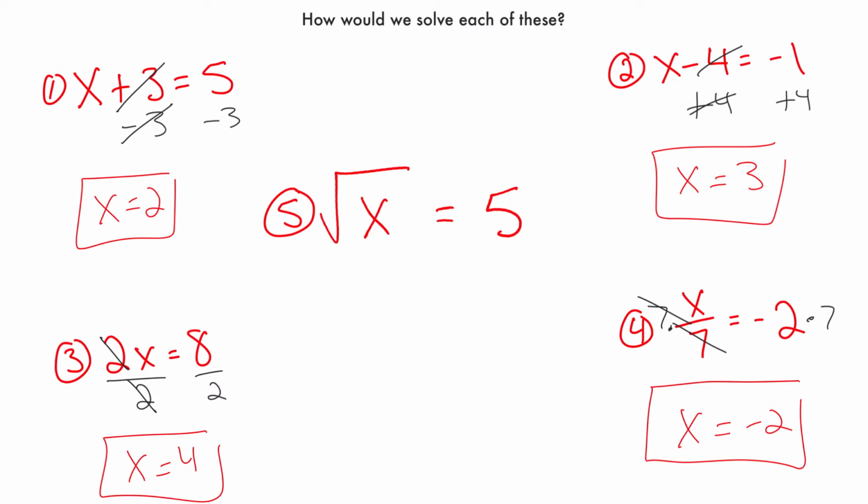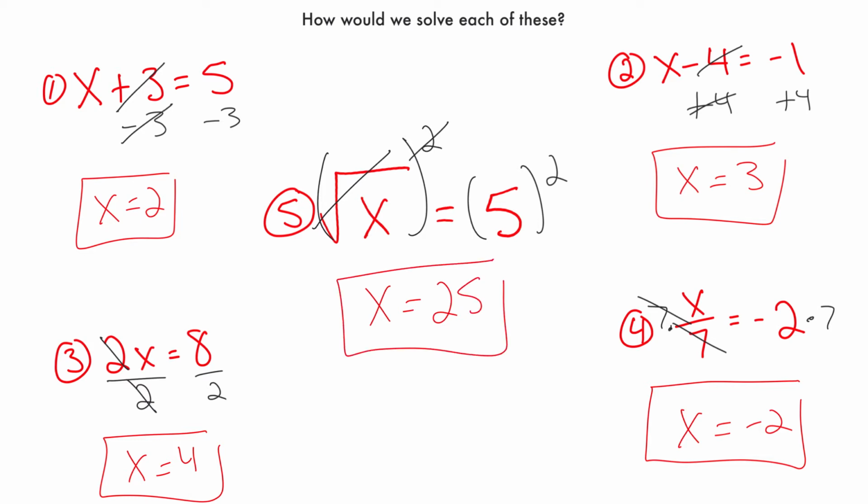Number 5, I have the square root of x is equal to 5. The way I get rid of square rooting is doing its inverse operation, which is squaring. That's why we call that a square root, and a second power a square, because those are inverse operations. And what do inverse operations do? They eliminate each other, and you get x is equal to 25.